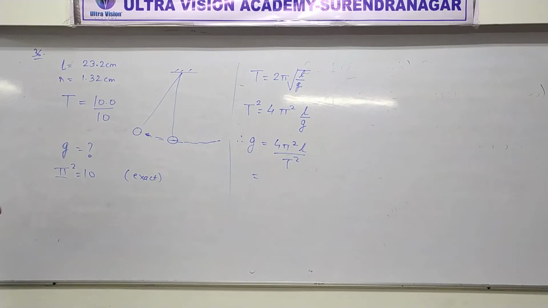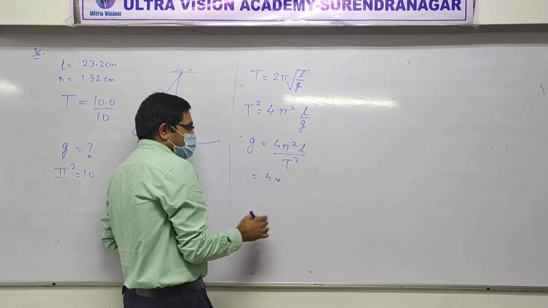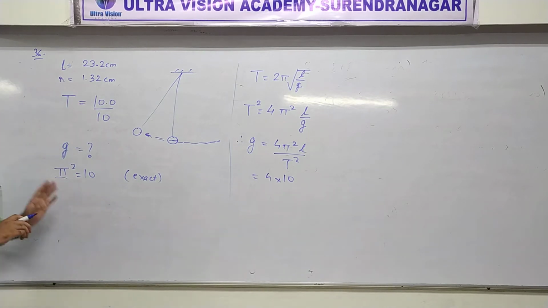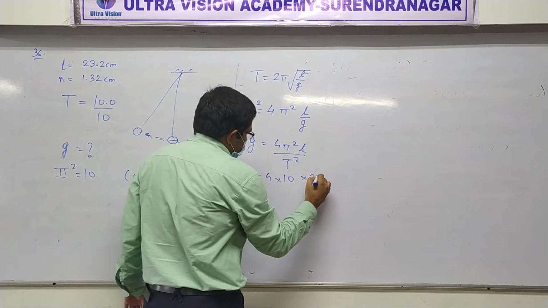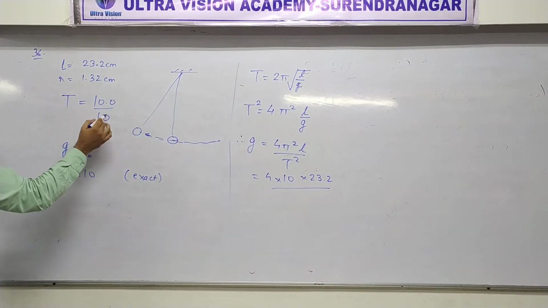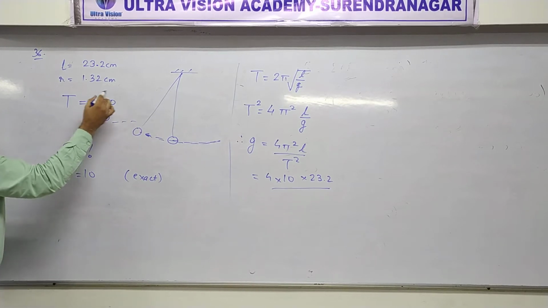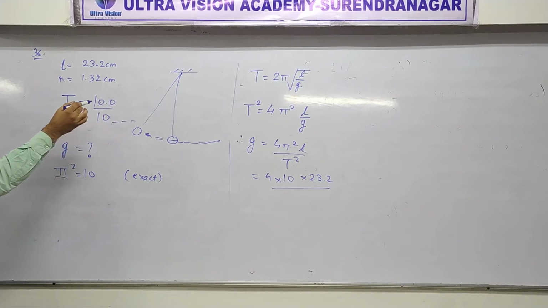Now we will put all the values that we know. So 4 is exact 4, as many significant digits as you want. Pi square is 10, once again as many significant digits as you want. Like 23.2. Now about the time period. This has how many significant digits? 3: 1, 2 and 3. Sure, everyone remember that?